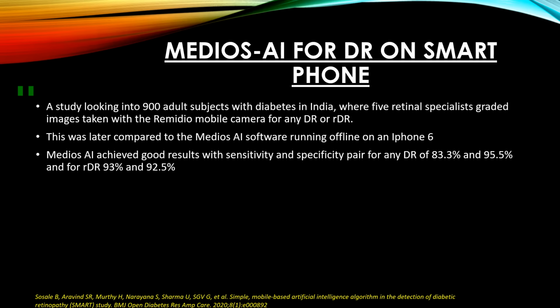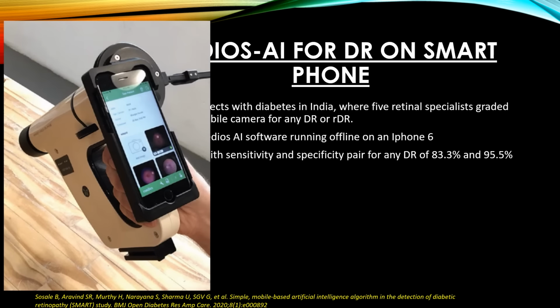Medios AI achieved good results, with sensitivity and specificity for any DR of 83.3% and 95.5%, and for referable DR of 93% and 92.5%, which is really good. If we are able to refer 93% of the patients who are truly having diabetic retinopathy, we'll be able to provide them with early treatment and early respite from their symptoms.